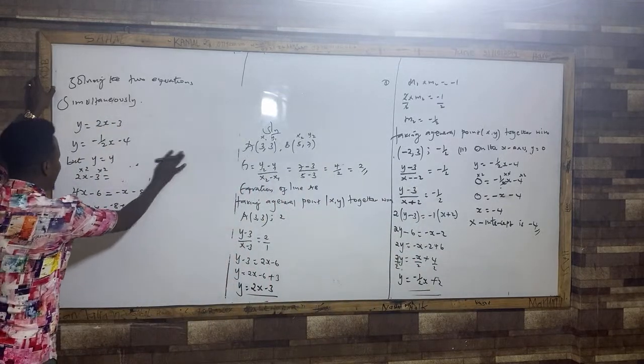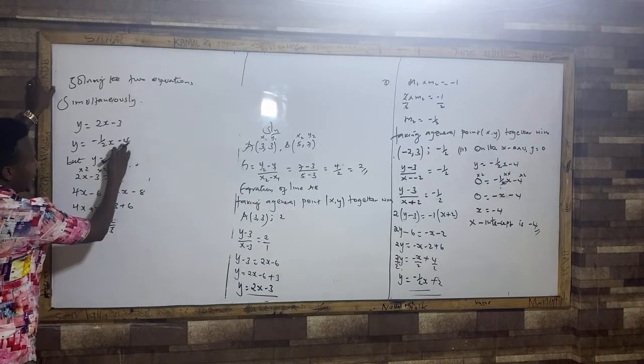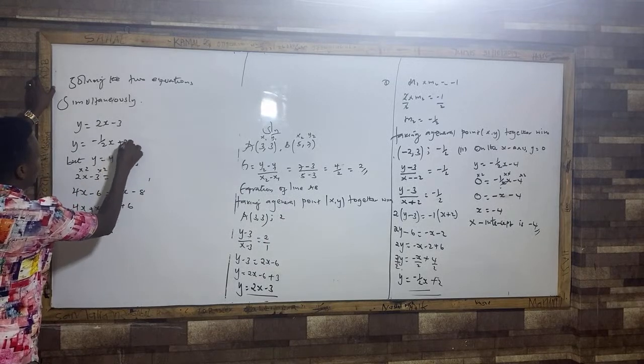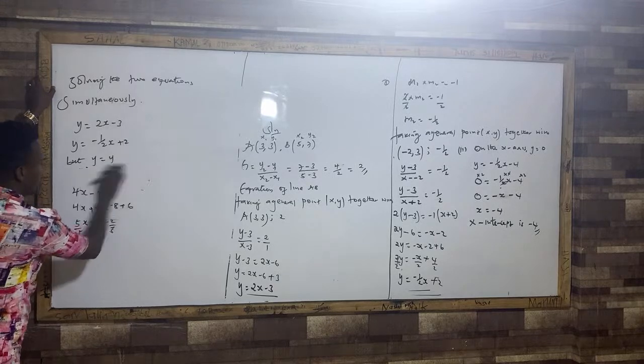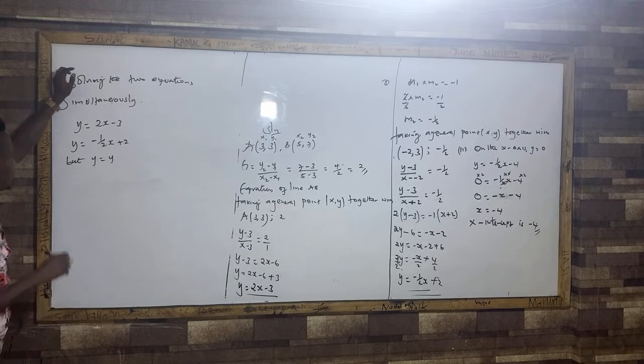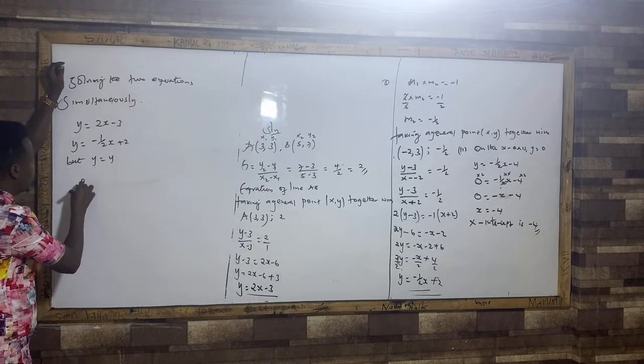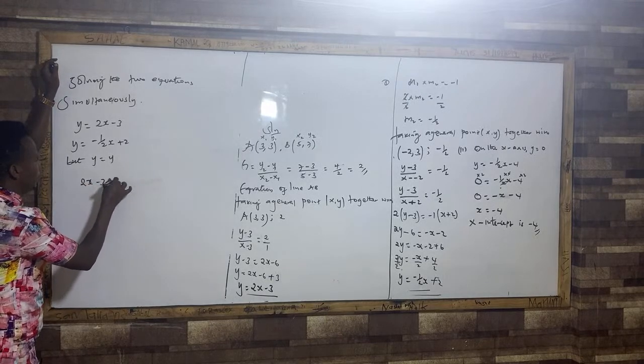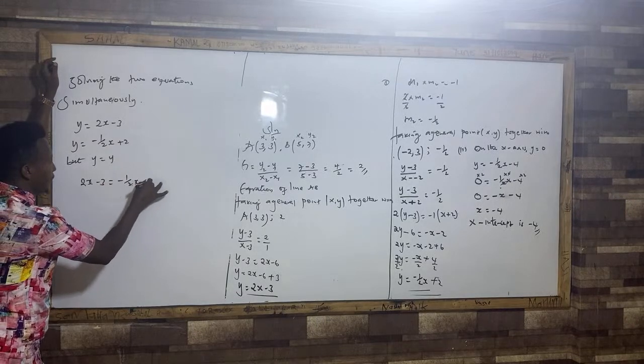So the error here is this one. Let me write plus 2 here. Sorry for the interruption. Let's go, I've detected the error. Now we say 2x minus 3 is equal to minus half x plus 2.